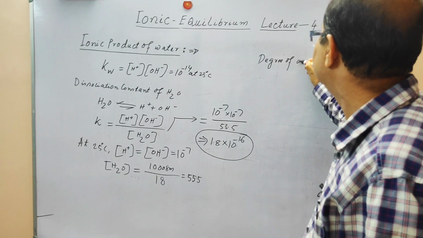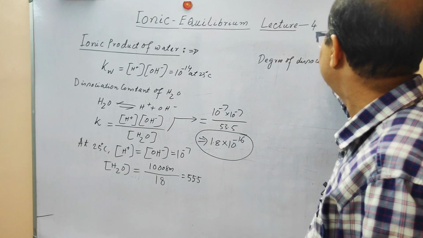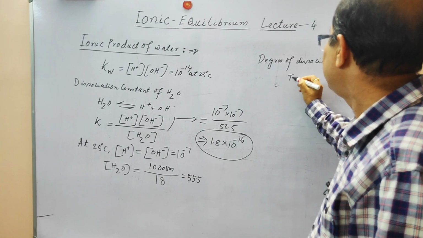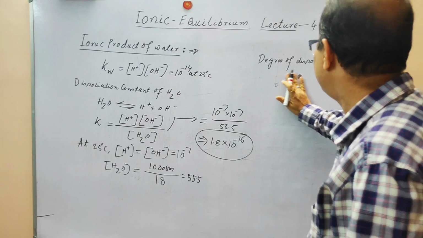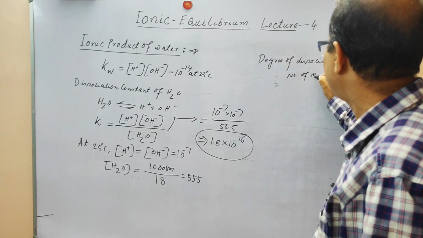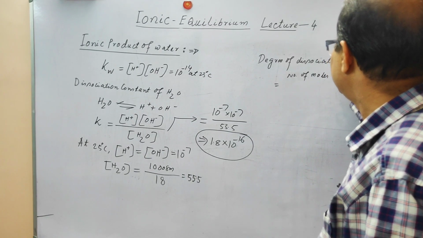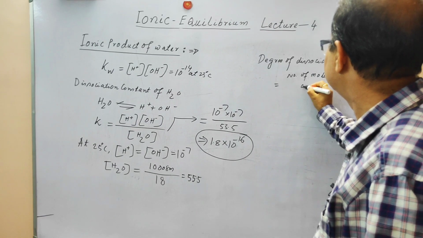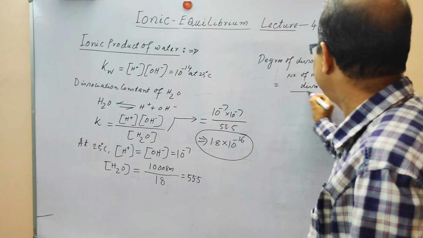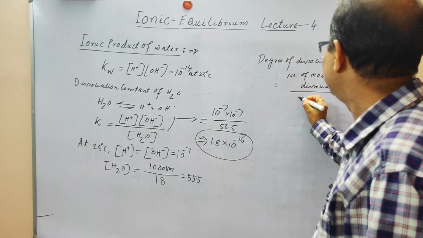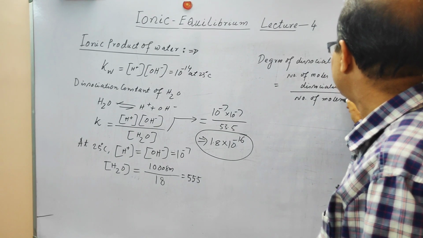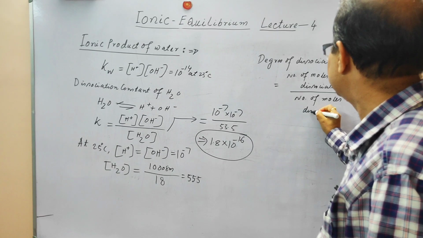Degree of dissociation is given by the number of moles of H2O dissociated divided by the number of moles undissociated.